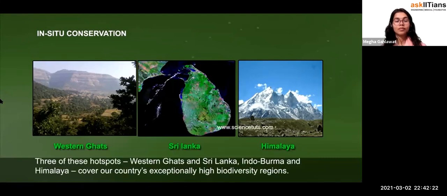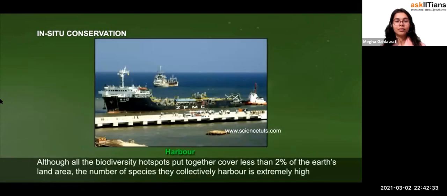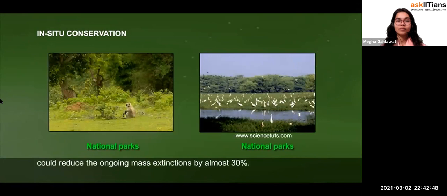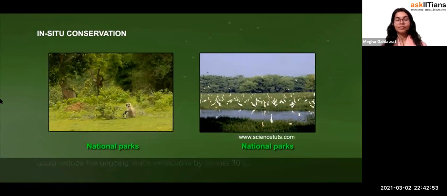3 of these hotspots, Western Ghats and Sri Lanka, Indo-Burma and Himalaya, cover our country's exceptionally high biodiversity regions. Although all the biodiversity hotspots put together cover less than 2% of the Earth's land area, the number of species they collectively harbor is extremely high, and strict protection of these hotspots could reduce the ongoing mass extinctions by almost 30%.